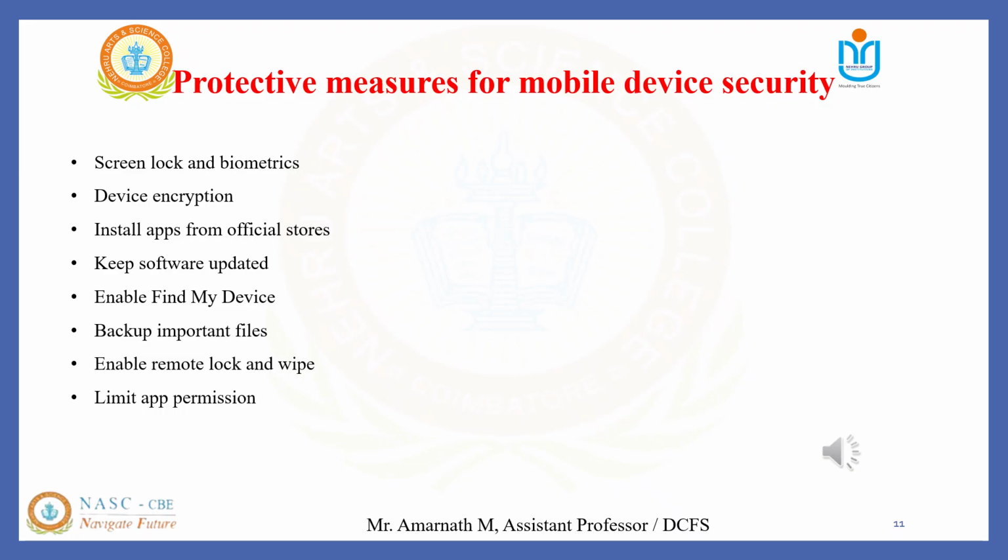They may include downloading applications from trusted app stores such as Google Play Store and Apple App Store, enabling strong screen locks such as PIN, password, fingerprint, or facial recognition, keeping the operating system and the applications updated with the latest security patches, enabling device encryption to protect the information stored inside the device, and regular backup of important data to a secure cloud storage.